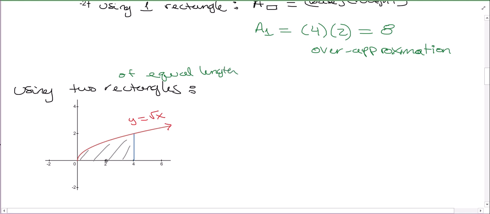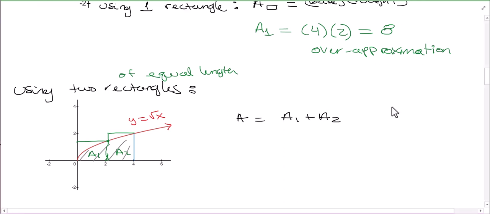Essentially I'm going to split the interval in half so that I can have 2 rectangles. So I'm going to go over here and then drop down. That's 1 rectangle and then 2 rectangles. So I have A1 and A2. That means my area approximation for the area under the curve will be the sum of A1 plus A2.